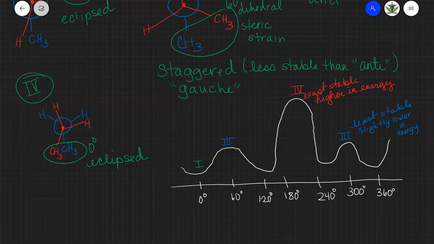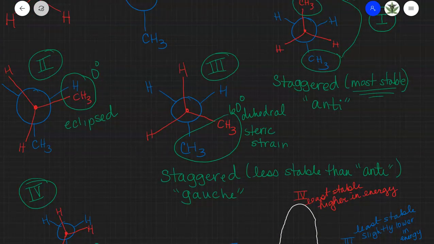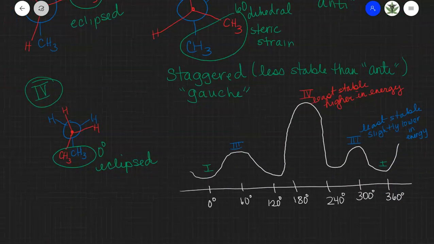The very bottom, which is our first structure, represents the most stable, anti-staggered conformation, and it is lower in energy.